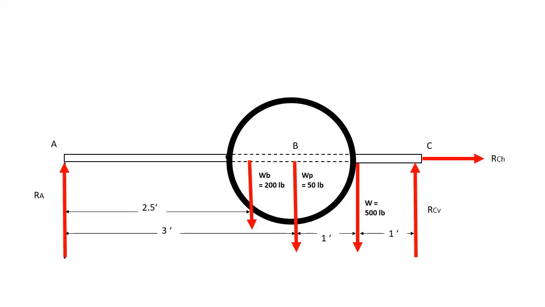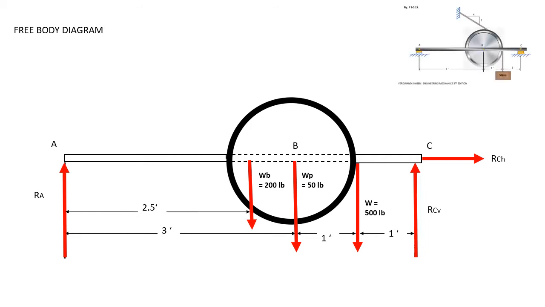The second step is drawing a free body diagram. A free body diagram helps you to determine the forces acting on the system. So at point A, notice that we have a roller support. A roller support always has a reaction perpendicular to the plane.